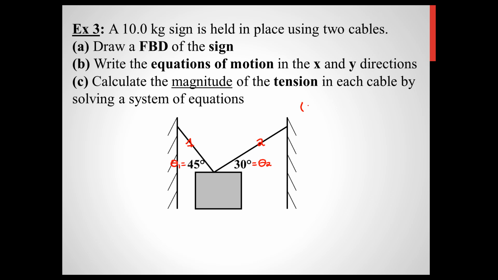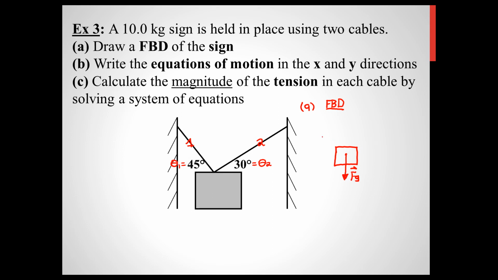Part A. The FBD, free body diagram, for the sign would have the force of gravity, Fg, straight down. You'd have a tension force due to both those cables.